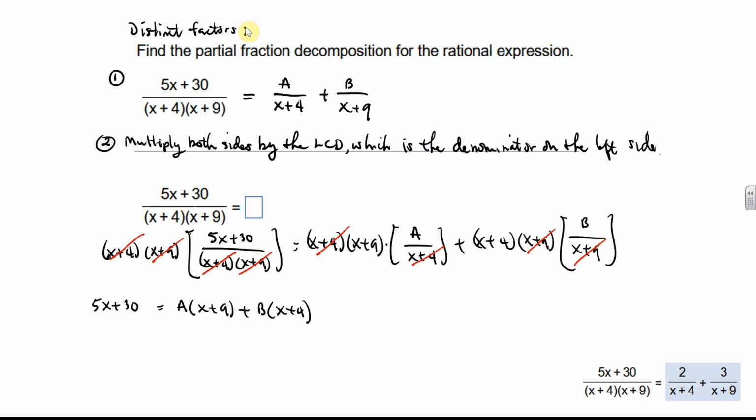Plug in negative 9 wherever I have x. When I do that, I'm going to be solving for B. Secondly, let x equal to negative 4. That'll cancel out B, and then I can solve for A. Plug in negative 4 wherever you have x, and then just solve for this other variable. It'll be automatic. Now that works out when the factors are distinct, that is, when my denominators have different terms.